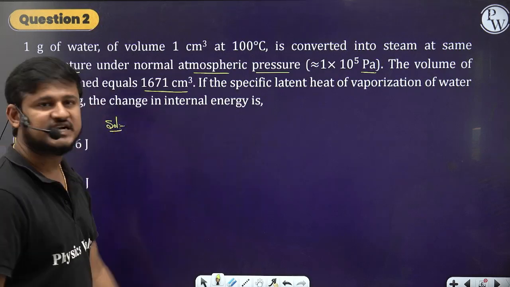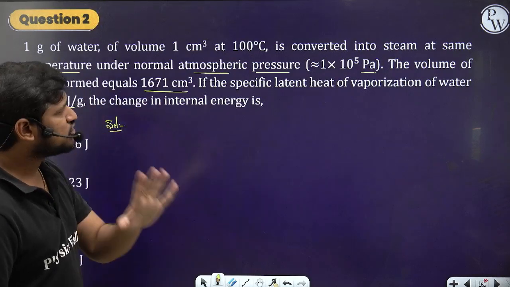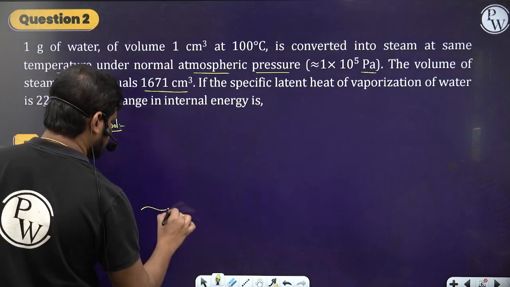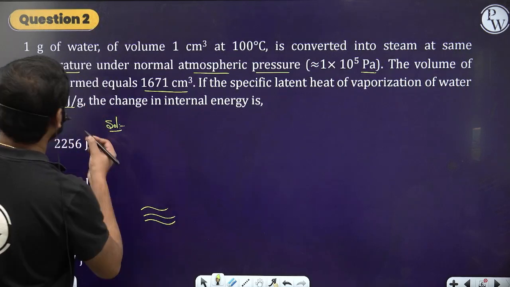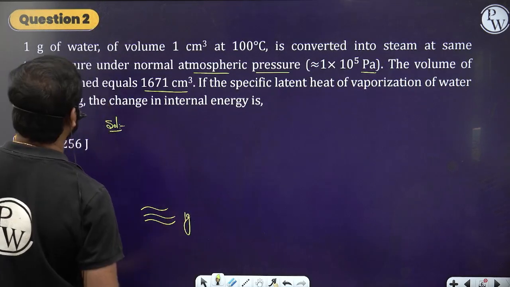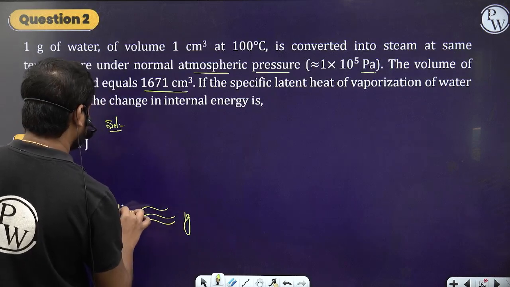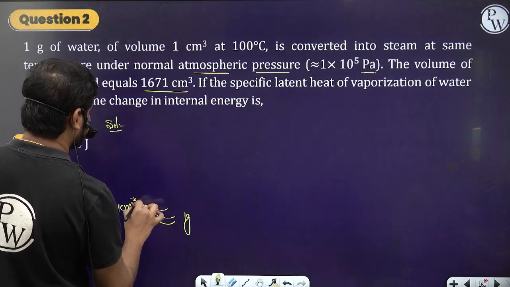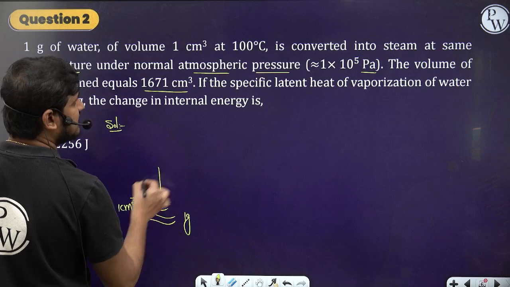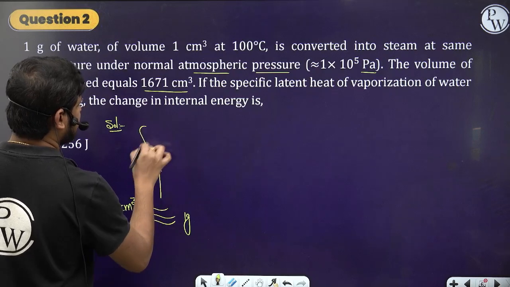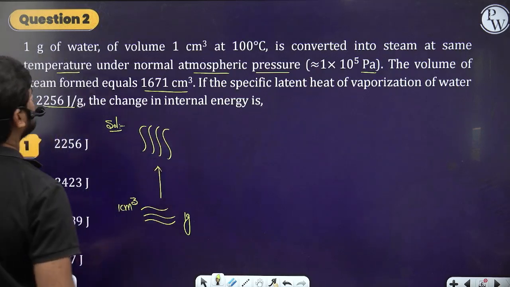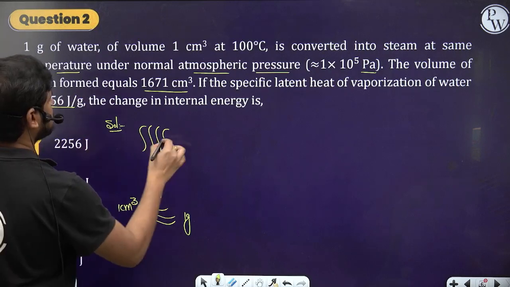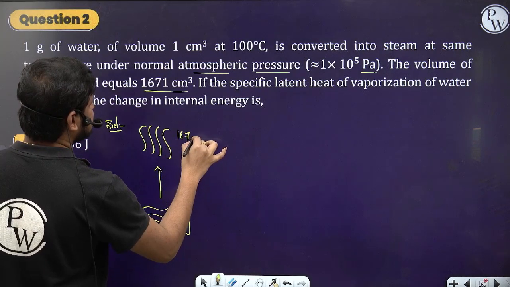The change in internal energy. So try to understand the given question. First here we have the water. Water mass is 1 gram and whose volume is 1 centimeter cube. Now this is converted to steam of volume 1671 centimeter cube.